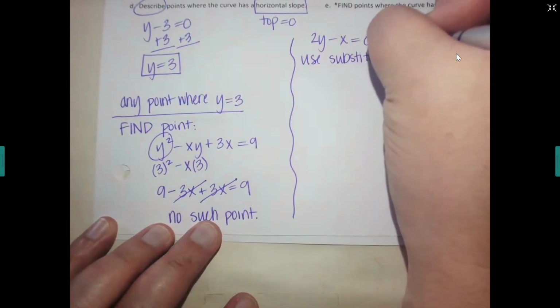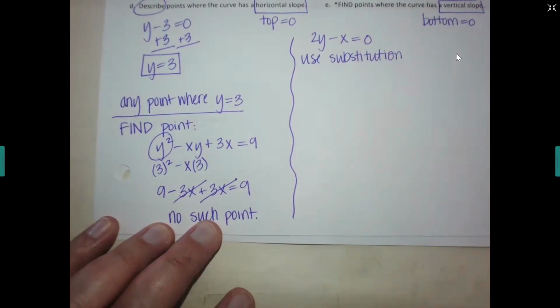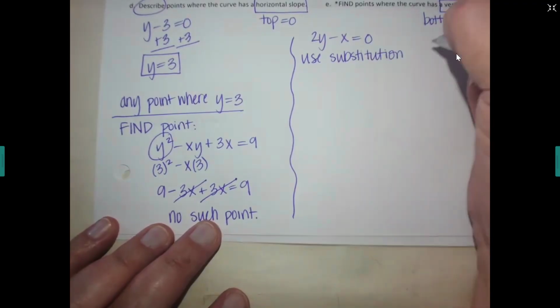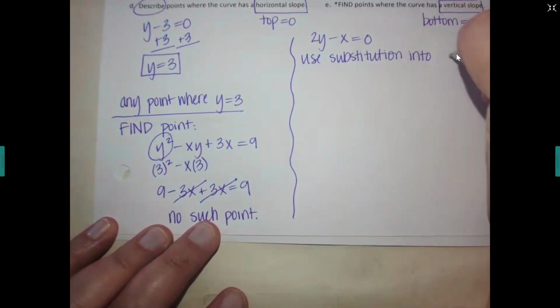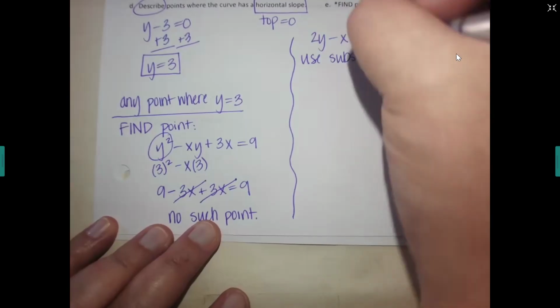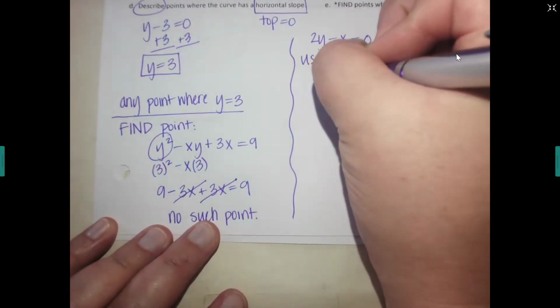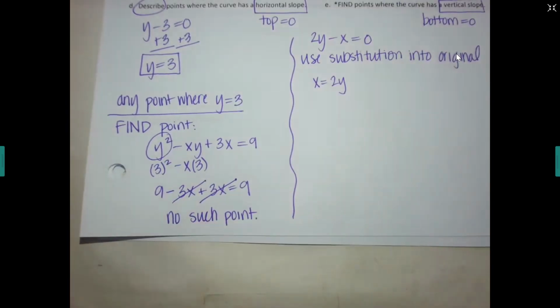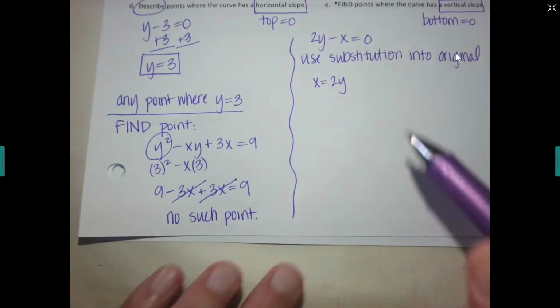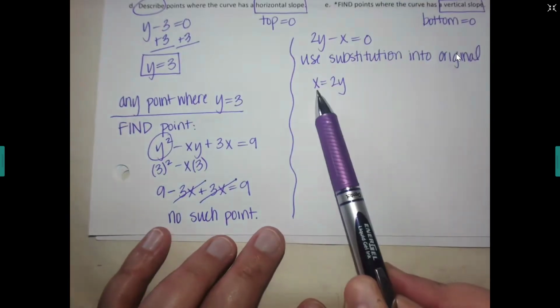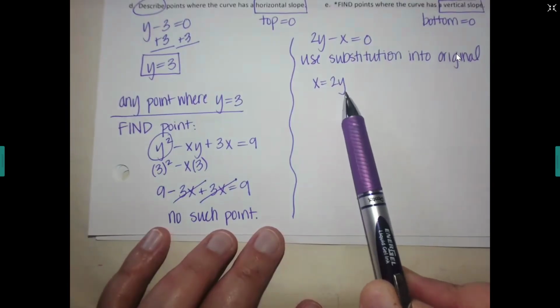Now, I want you to pick the easier option to solve for. Would it be easier for me to get x or y alone? X. So can you do that? So if I add my x across, I know that my x is a 2y. Is everybody good with that? Okay, now here's what I'm going to do. Everywhere that I have an x in the original equation, I'm going to switch it to a 2y.